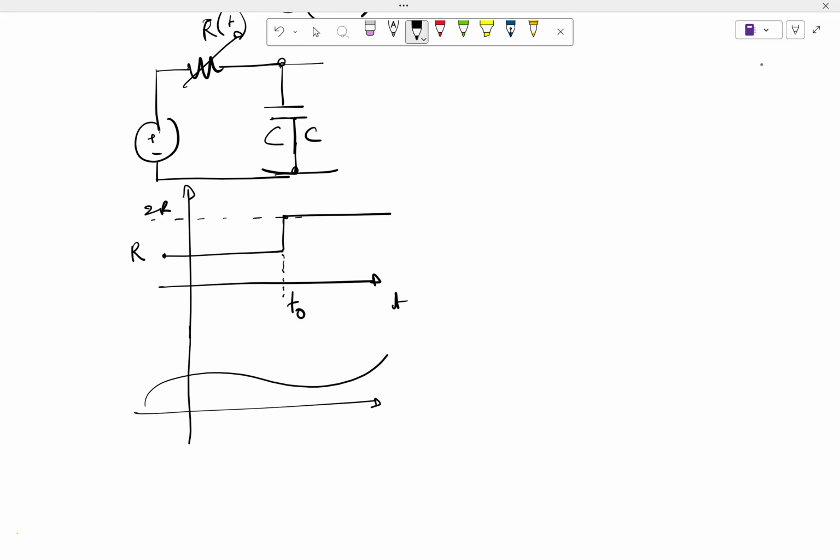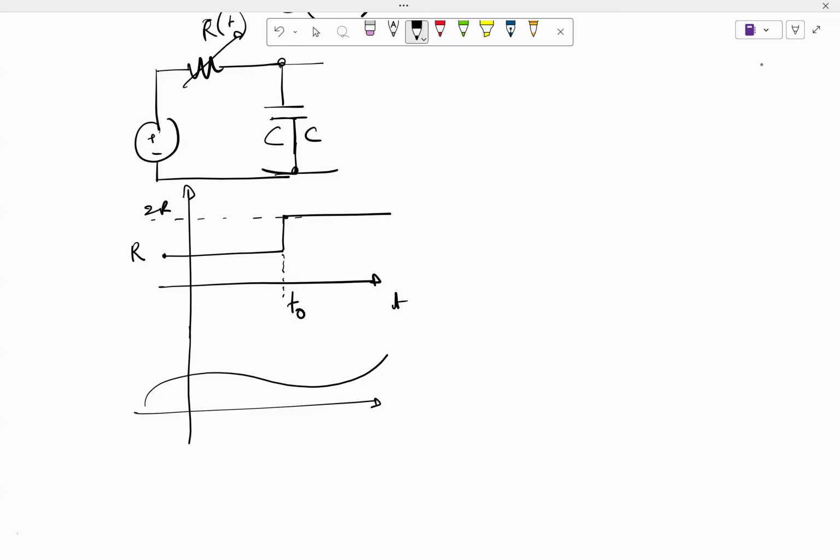We need to know the impulse response. Now, can you intuitively tell me how many impulse responses I need to know? Two, right? One for time t greater than t naught, another for time less than t naught. If I know these two, I should be able to accurately characterize my system without any problem.